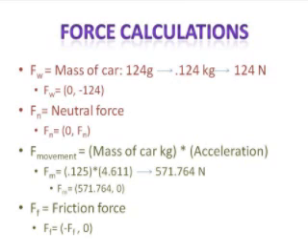So we know what the force of weight is, which is essentially the mass in kilograms times 10, which ends up being 124 newtons. So our rectangular coordinate would be 0 and then negative 124. Negative because the force of weight arrow points down on the free body diagram, if you remember.